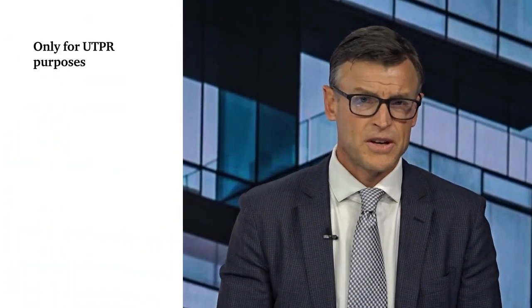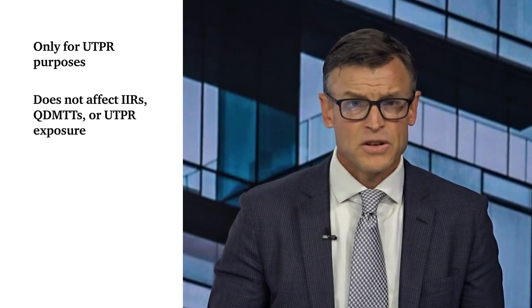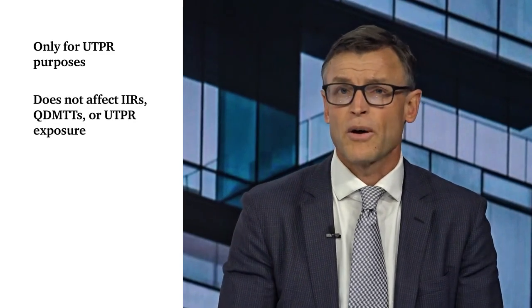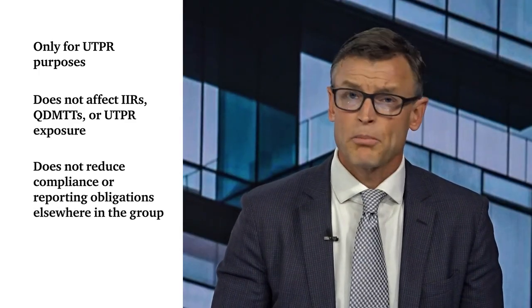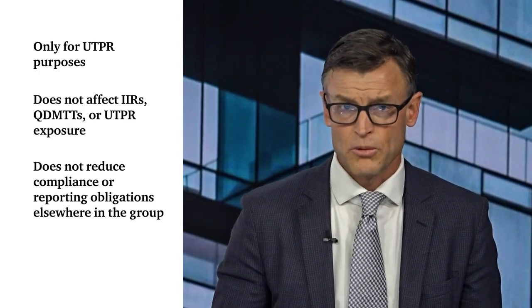In those cases, an eligible group may elect to deem the UTPR top-up tax for the UPE jurisdiction to be zero. It's important to be clear about scope. The UPE safe harbor applies only for UTPR purposes. It does not affect IIRs, QDMTTs, or UTPR exposure in other jurisdictions, and it does not reduce compliance or reporting obligations elsewhere in the group.